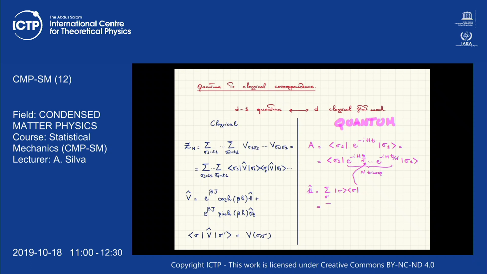I get sum over sigma 1 equal to plus and minus 1, ..., sum over sigma n equal to plus and minus 1 of <sigma 1| e to the minus i H t over n |sigma 2> times <sigma 2| e to the minus i H t over n |sigma 3>, etc., etc., etc.